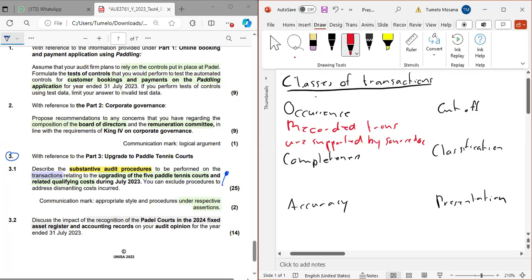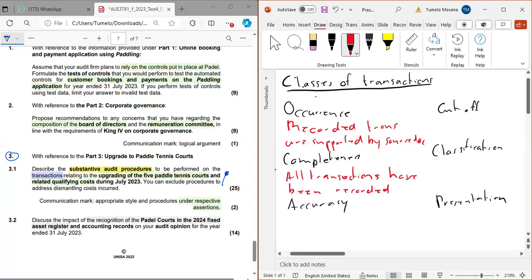With the completeness one, you just have to check whether all transactions have been recorded. Normally, if you were to take your bank statement or your sales journal, you as the auditor need to make sure that all those transactions have been recorded. All your sales invoices have been recorded, essentially, in simple terms.